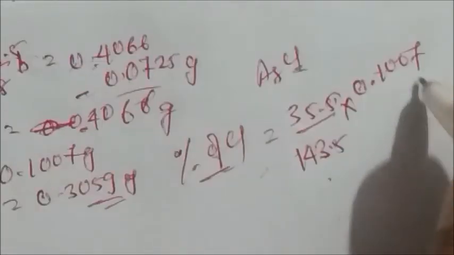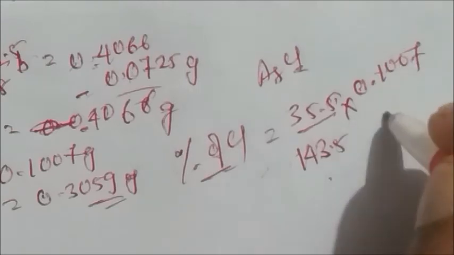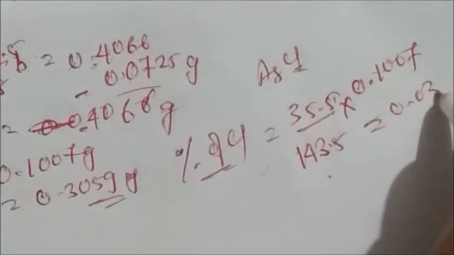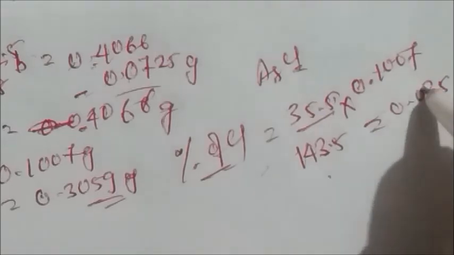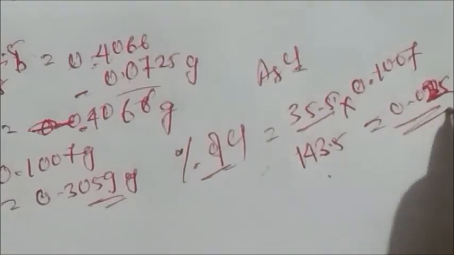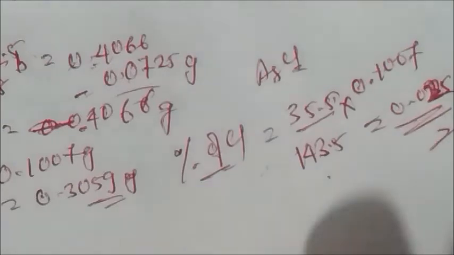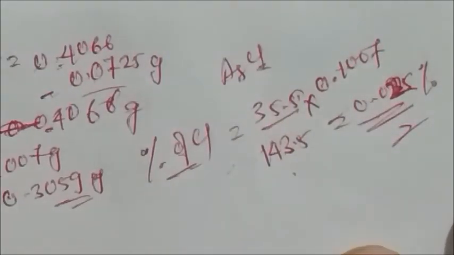This is the total weight of the AgCl, and if you solve it, Cl will be 0.025. This is the percentage of Cl. 0.025% means 2.5%.